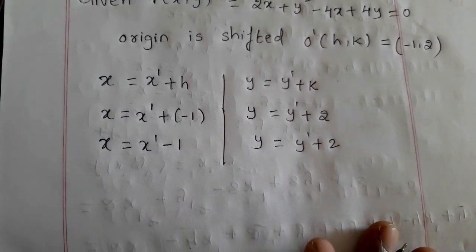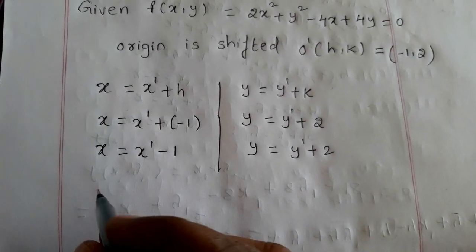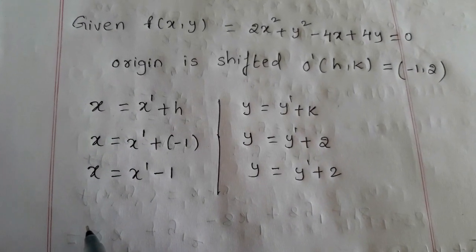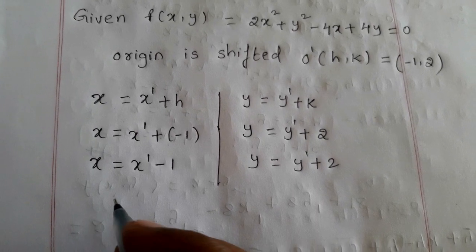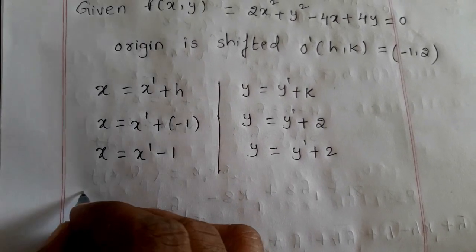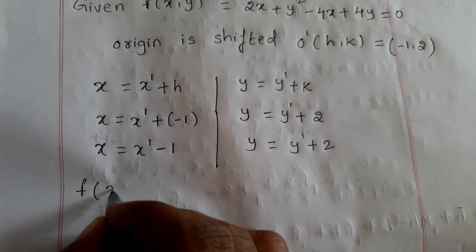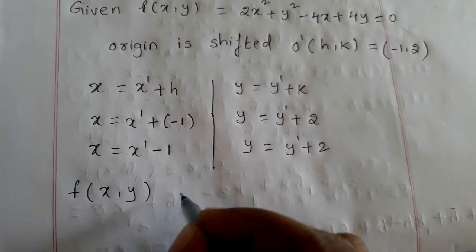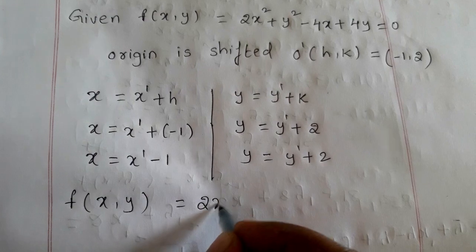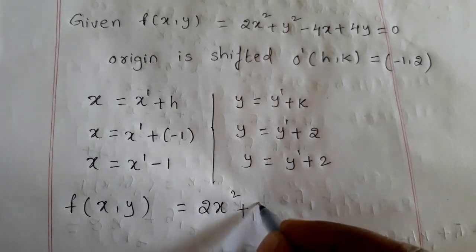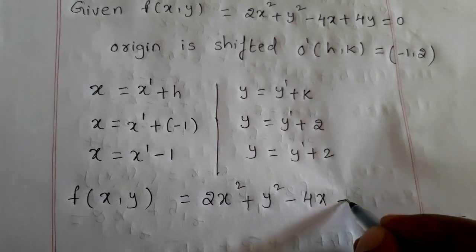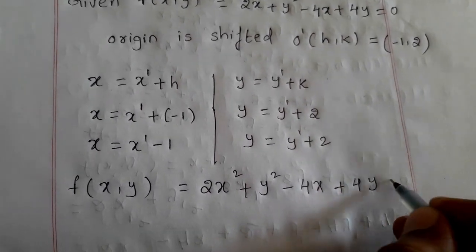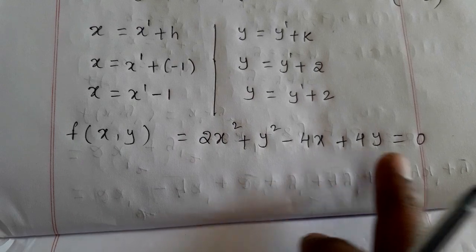Now we have to substitute the values of x and y in the equation. f(x, y) = 2x² + y² − 4x + 4y = 0, which is already given in the question.